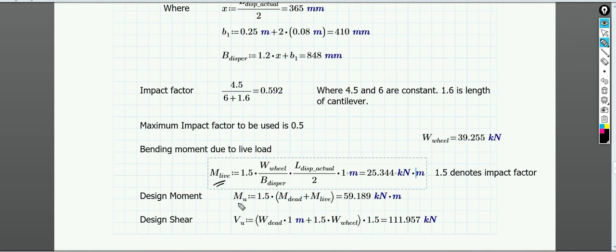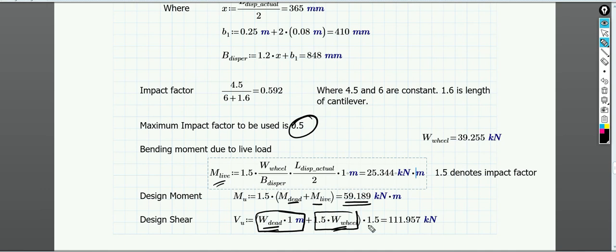If I want to find out the design moment, it is 1.5 times the dead load plus live load moment, which comes out to be 59.189 kilonewton meter. And for the shear force, it will be the total load: dead load W into 1.5, and I have multiplied by the impact factor.